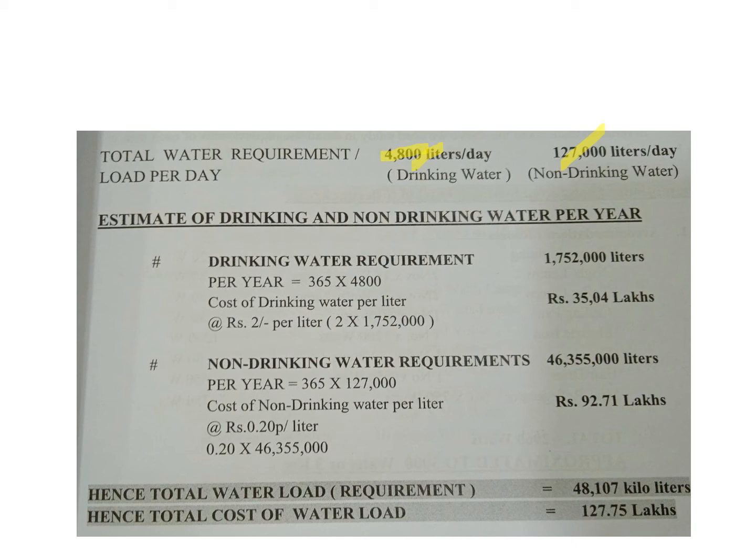So now going by these numbers, we are trying to estimate. 4,800 liters of water per day, into 365, is 1.75 million liters of water.